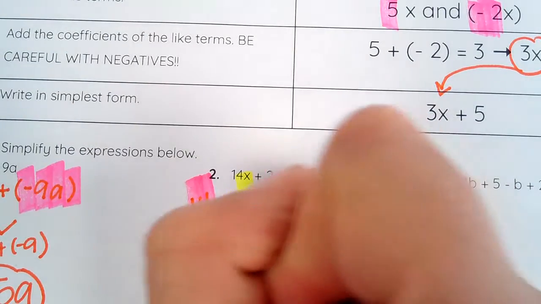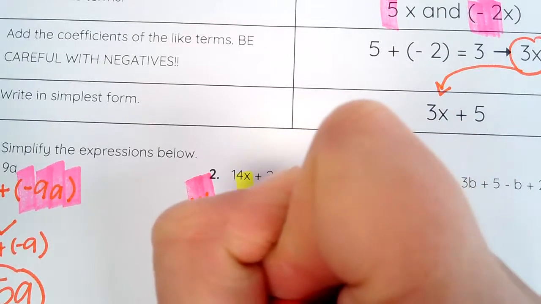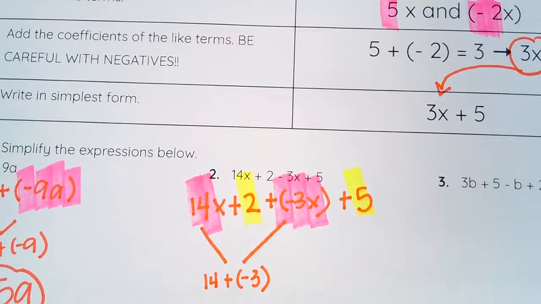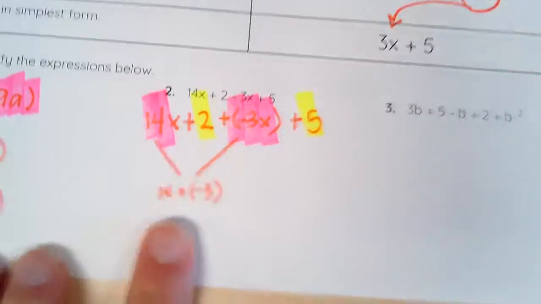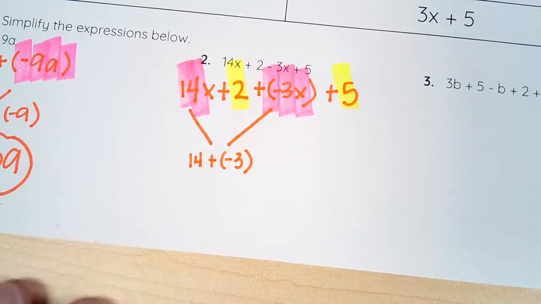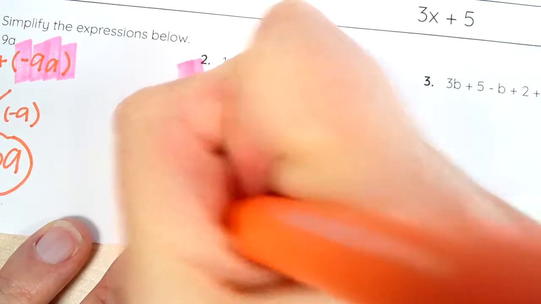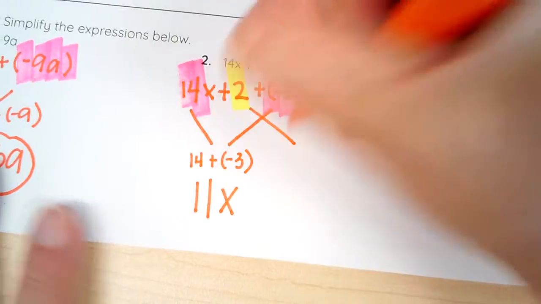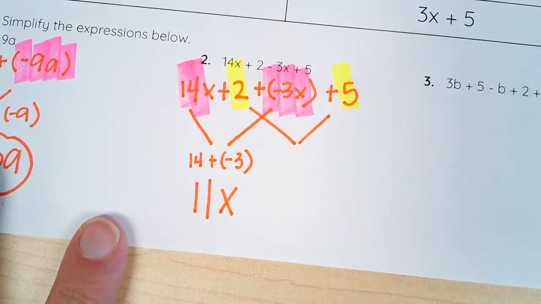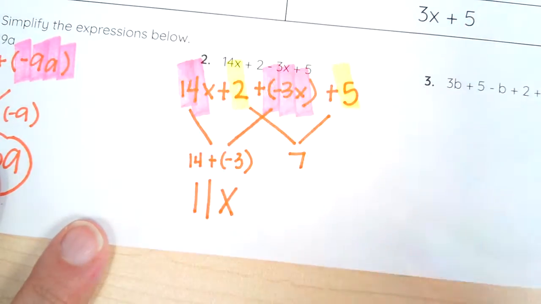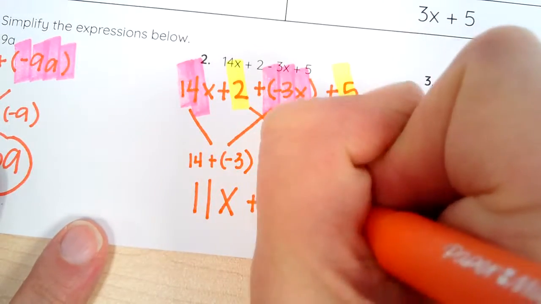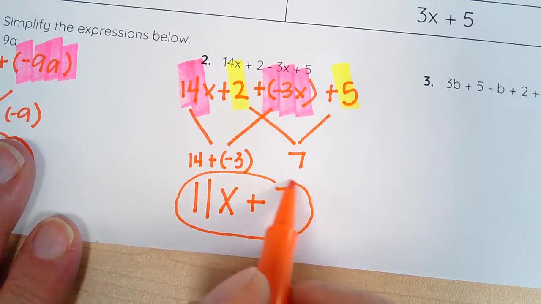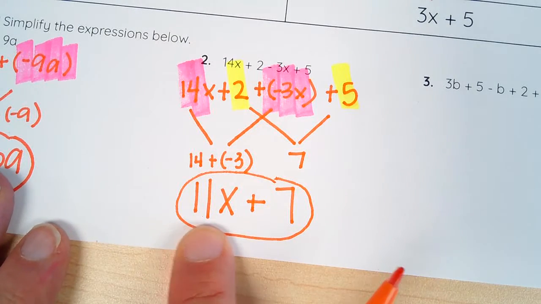I can remove those variables for just a moment, and then I just follow my rules for integer operations. 14 plus negative 3 is 11x. Now I combine my constants, 2 and 5, which gets me 7. So my most simplified version of this expression is 11x plus 7.